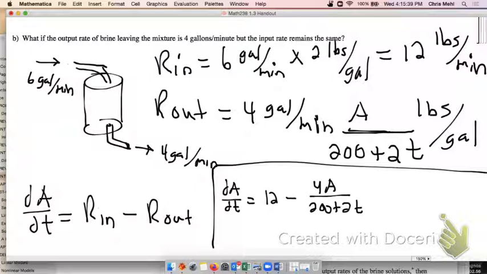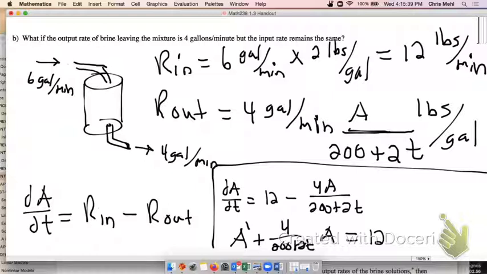Another thing I want to point out is you could rewrite this differential equation as a linear differential equation. I'll write it this way: A prime plus 4 over 200 plus 2t times A equals 12. How do I know that this is a linear differential equation? It's because the right-hand side is a function of t, and the left-hand side is a linear combination of A and its derivatives, and the coefficients are functions of t.